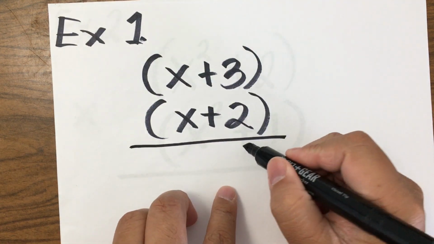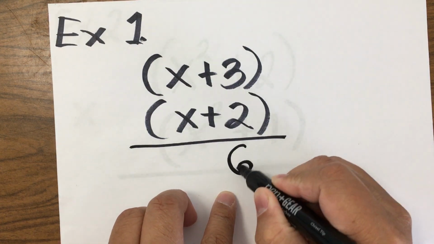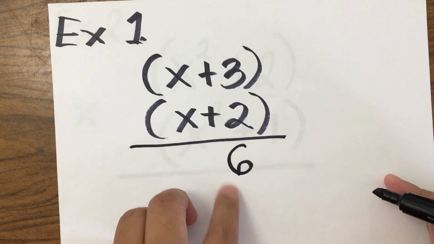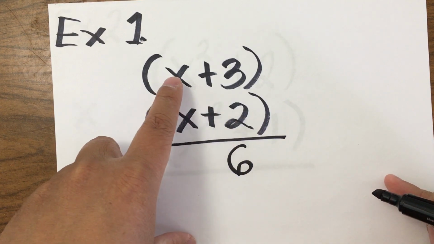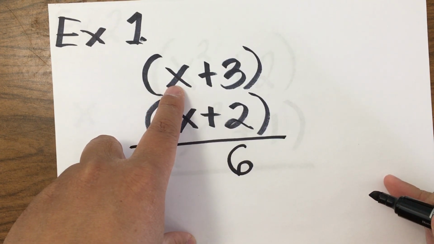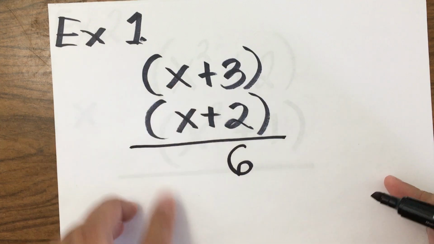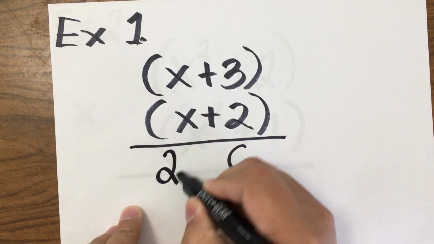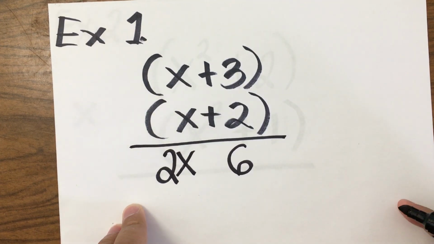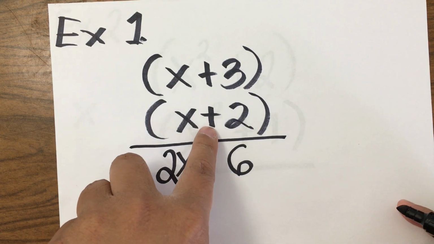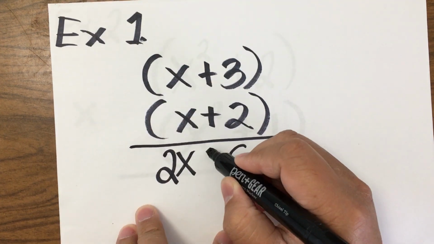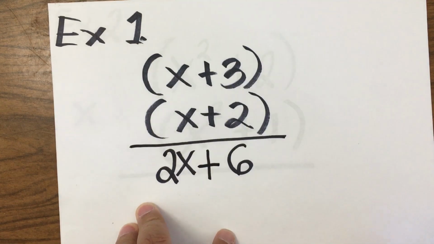So we write 6 under 2. And then 2 times x is equals to 2x. So that means 2x. Now, by the way, don't forget about the sign. So it's positive times positive, so therefore this is going to be a positive in here.